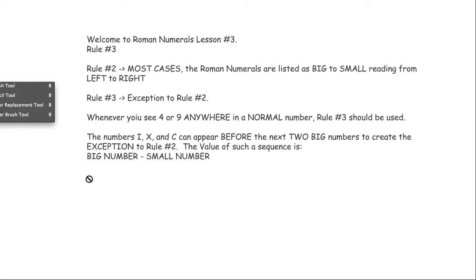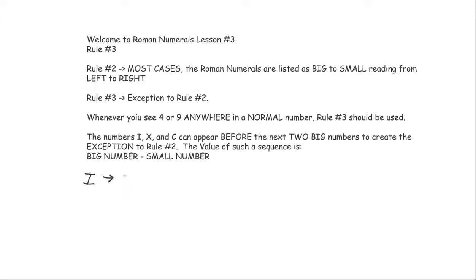So let's take the number I. The value of the number is 1. The rule states that it can appear before the next two big numbers. Now, what are the next two big numbers to I?